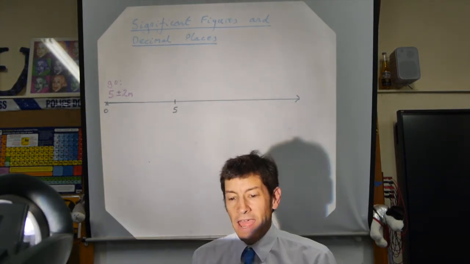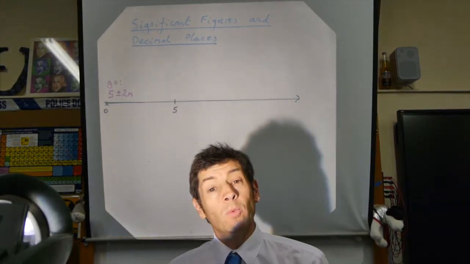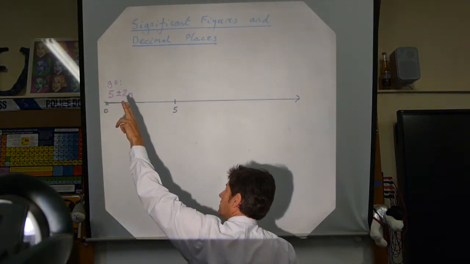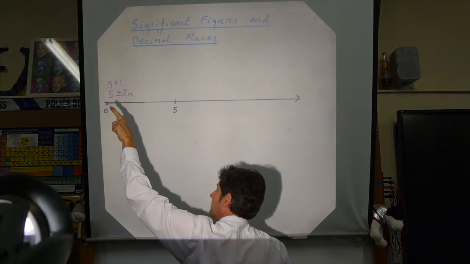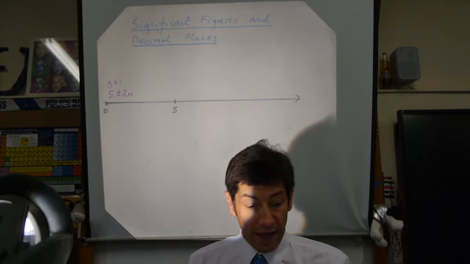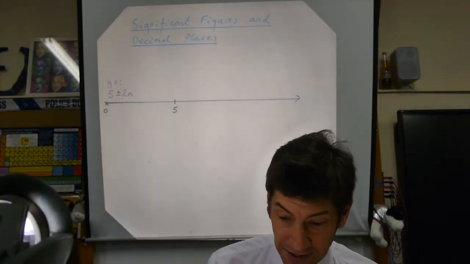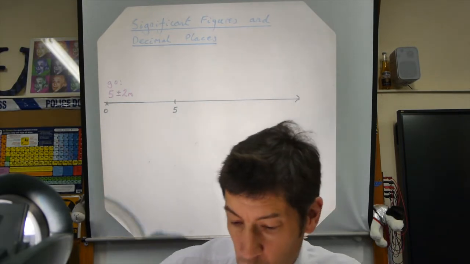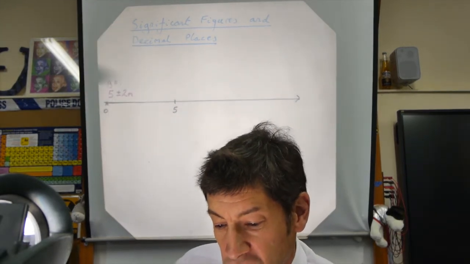Now, where are we? Well, we've measured our position to the nearest 2 meters, and we've done it to one significant figure. I hope you're aware that that doesn't position us at exactly 5 meters. What it says is, you could be at 5, but you could be 2 less.